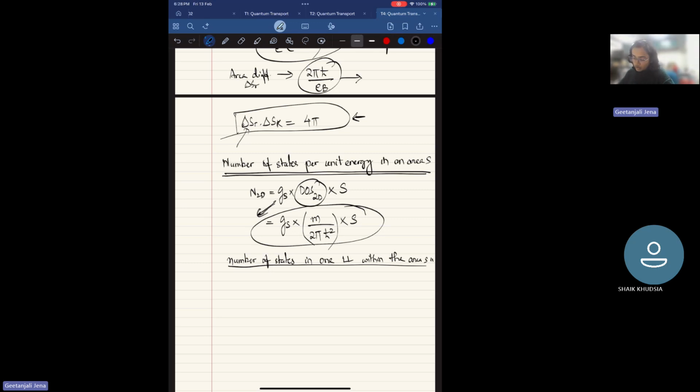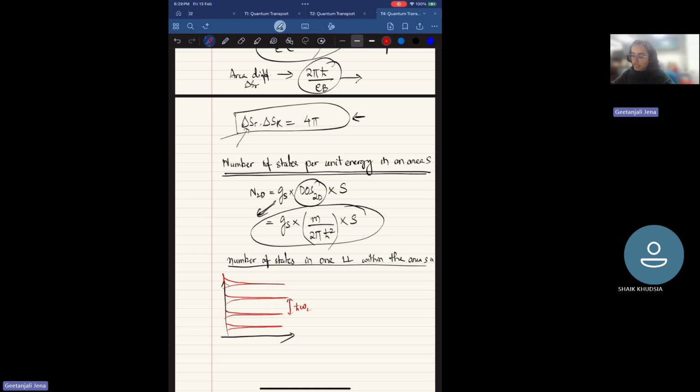If you recall, each Landau level is separated by an energy h cut omega c. What I mean is, if you recall the lecture, we have a schematic like this: the density of states for the quantum Hall effect is like a delta function, and these states are separated by h cut omega c.